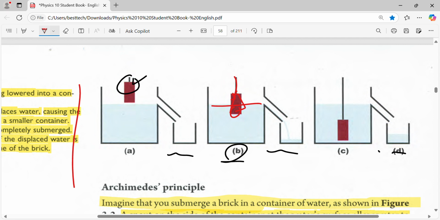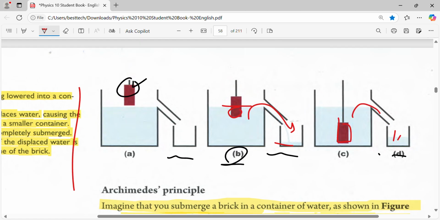Then have you noticed that? Look, some of the water comes out. A bit of the water comes out. That means we brought down a bit of the object under the water. What if the object goes completely under the water? More water comes out.